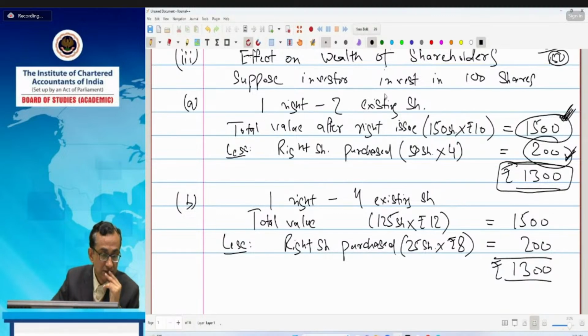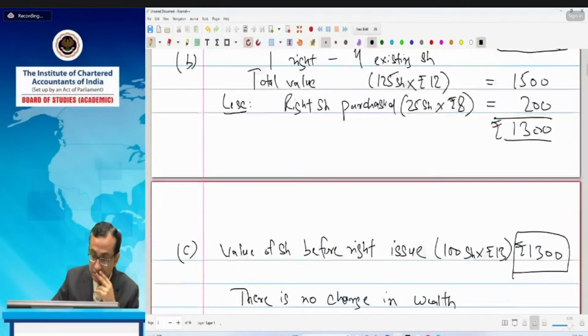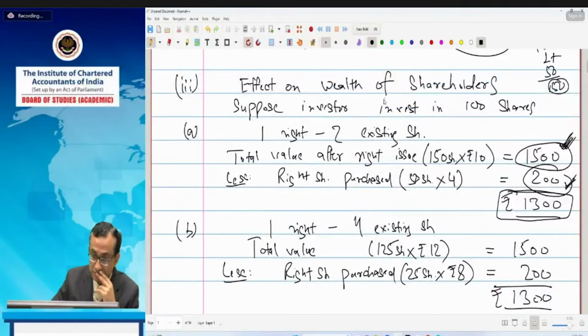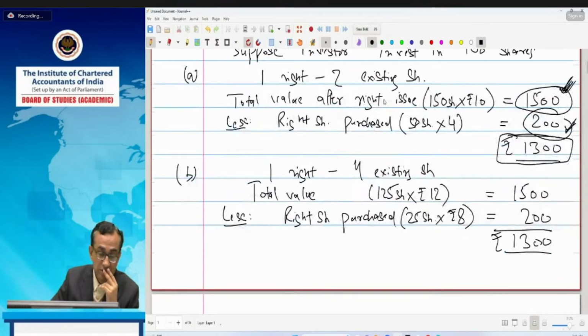For 100 shares, it is 1,300. Wealth for 150 shares is also 1,300. So per share value is reduced for 100 shares. No, it is not the wealth. We are calculating, 1,300 is not the value.